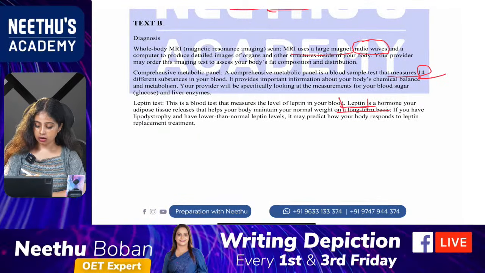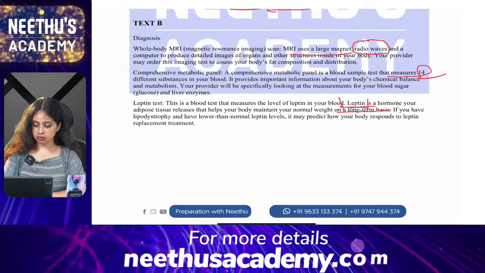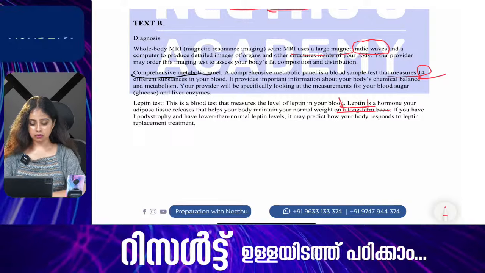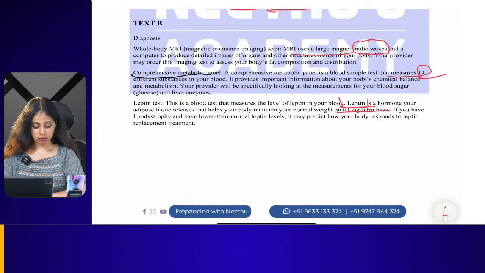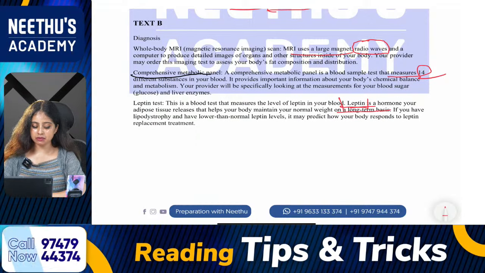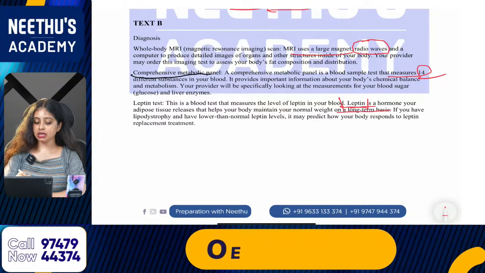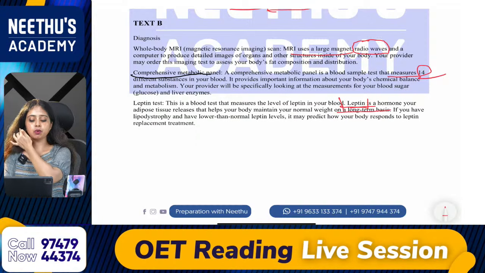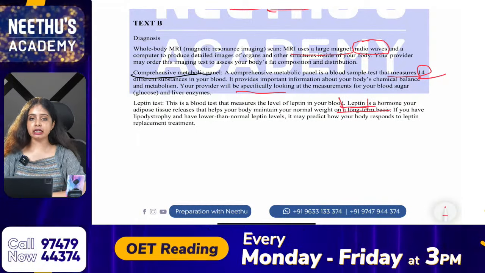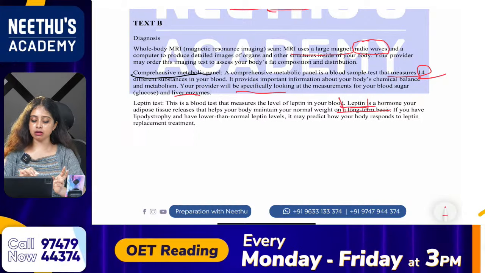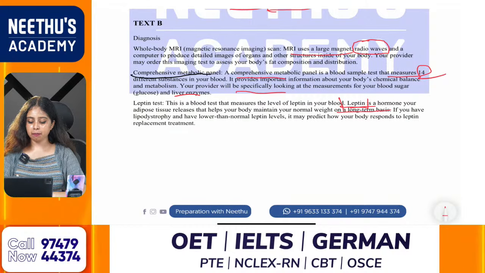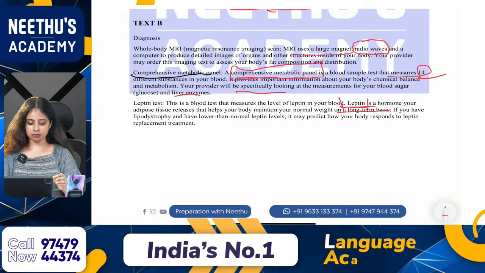Meticulous means specifically. In the last line, they have mentioned your provider will be specifically looking at the measurements for your blood sugar and liver enzymes. So those are the keywords from the question, and the missing word is comprehensive metabolic panel. That is the answer.